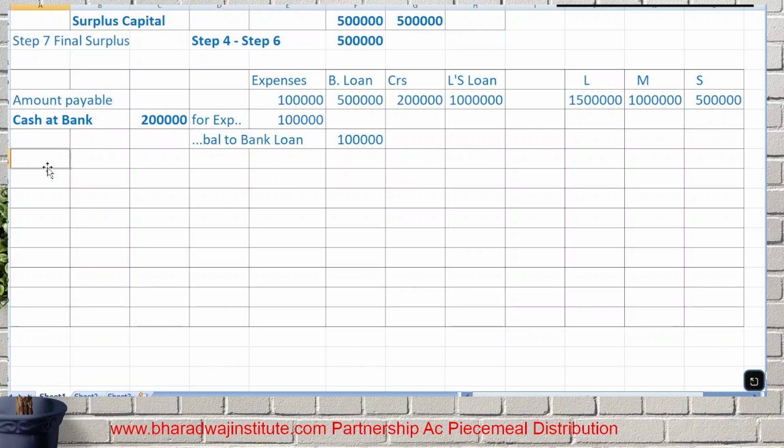Okay, first realization. How much is the first realization amount? 5 lakhs. So the balance of the bank loan, how much is it? Pay that 4 lakhs.